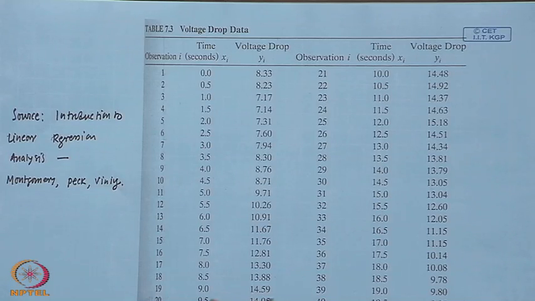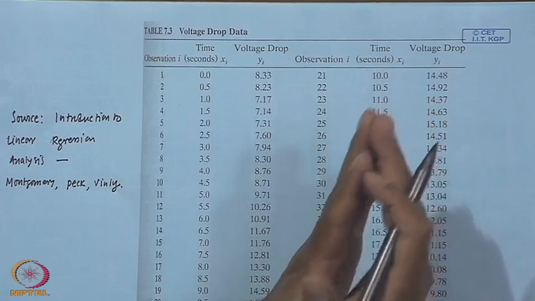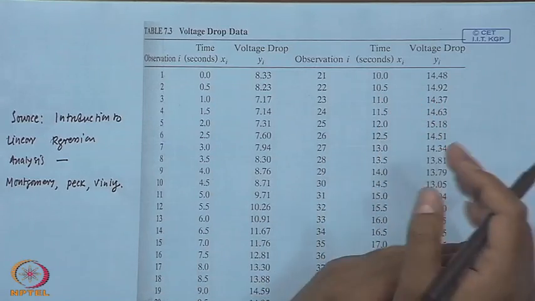And so, you have observations x i, y i for i equal to 1 to 41.